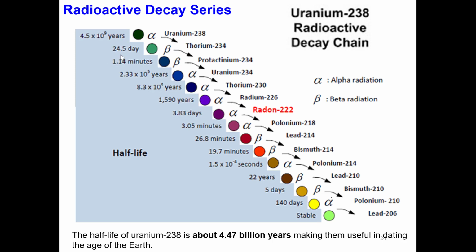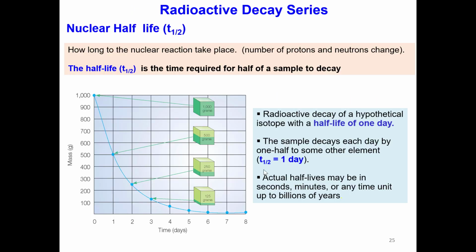For example, one of them is just minutes, some of them require days, but some of them take a really long time. For example, 8.3 times 10 to the power 4 years. If we add all of these times, then we will get the half-life of uranium. And the half-life of uranium is about 4.47 billion years. And this is why this element is useful in dating the age of Earth.